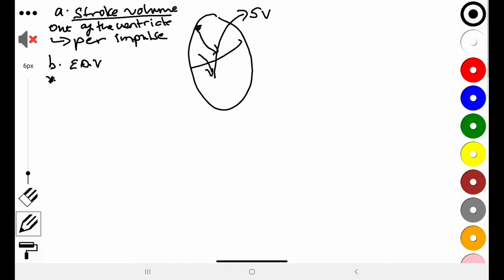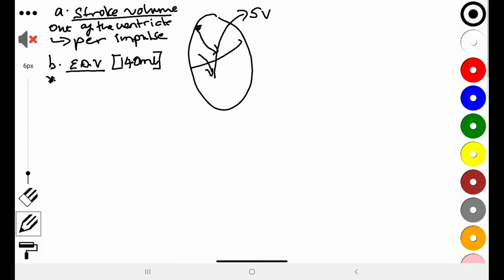So if you go through the phases that we had talked about earlier, you will find that after the filling of the ventricle, what you're going to have is known as end diastolic volume. So let's have an example of 140 mils as having filled up the ventricle. We're going to call that end diastolic volume.